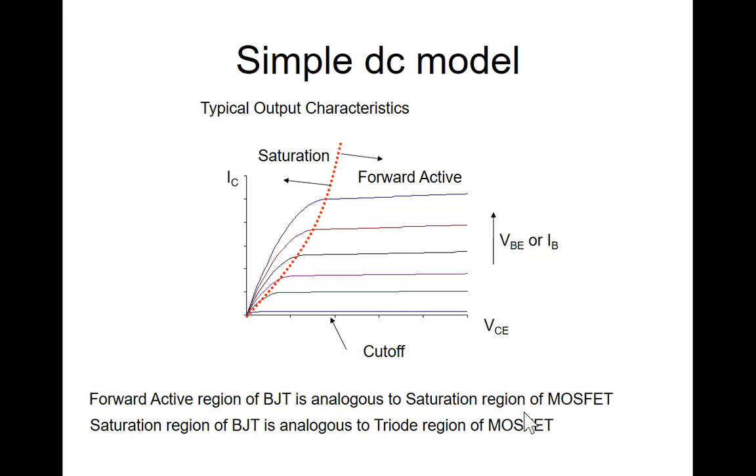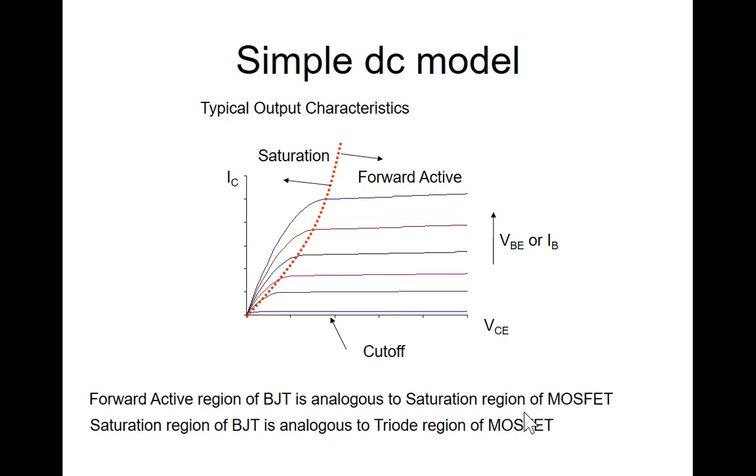For the bipolar device, the term saturation corresponds to this region back here. I think it's somewhat unfortunate that we use the same term to refer to entirely different regions of operation. Does that make sense? I can't defend it. It's the way it's done.